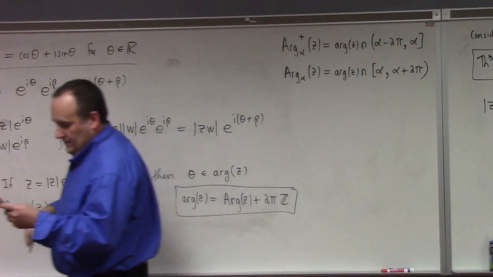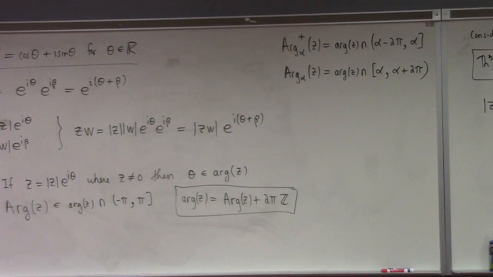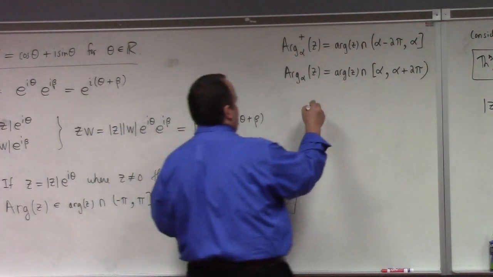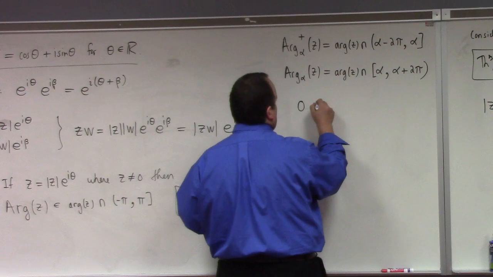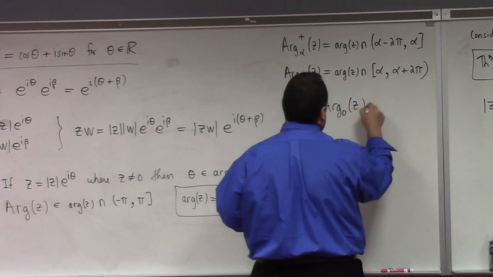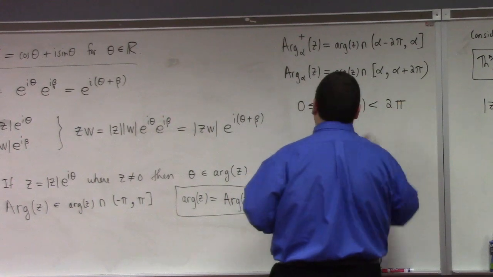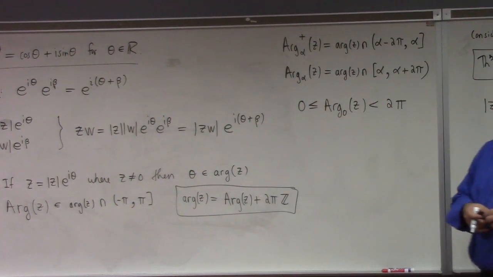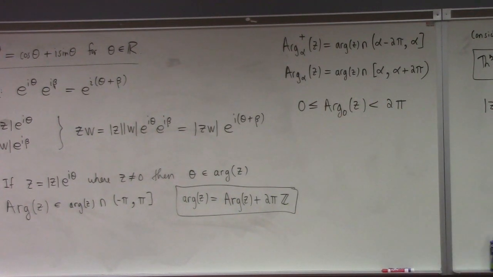So the choice of angle that you're looking for, you might call arg sub 0. I could say this: 0 is less than or equal to arg sub 0 of z is less than 2 pi, for example. Yep.